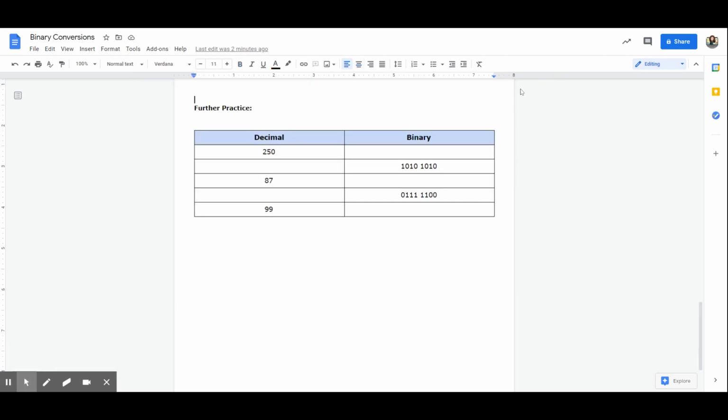Doing these conversions without the chart above is a little bit difficult, so I like to draw my own charts. Let's look at the first conversion. We have a decimal 250. Our first step is to go to the highest number that will go evenly into 250, which is 128. All of 128 fits into 250.